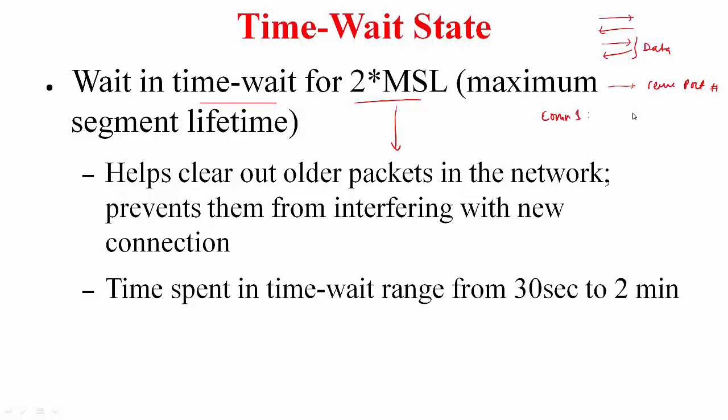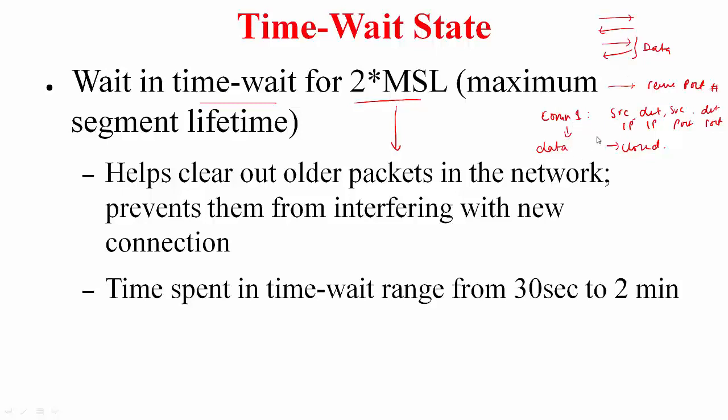So for example, you opened a connection, let me call this connection 1, between some source and destination, these are IP, and source port and the destination port. And you exchange some data, and let's say there is no time wait state. So as soon as you receive the FIN from the other side and send an acknowledgement, you have just closed the connection.